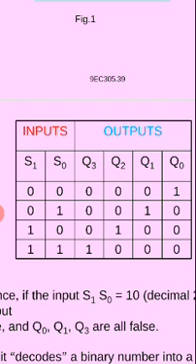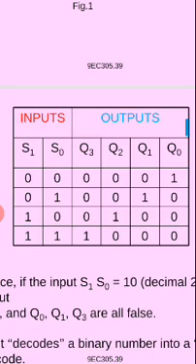Whenever two inputs S1 and S0 are 0, 0, the output will be Q3 0, Q2 0, Q1 0, Q0 is 1.